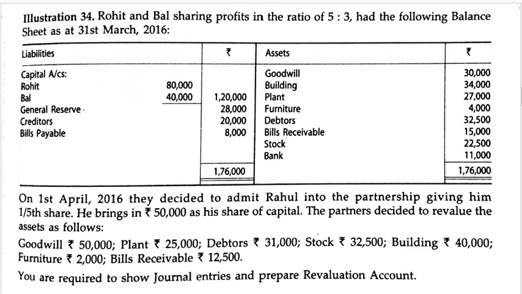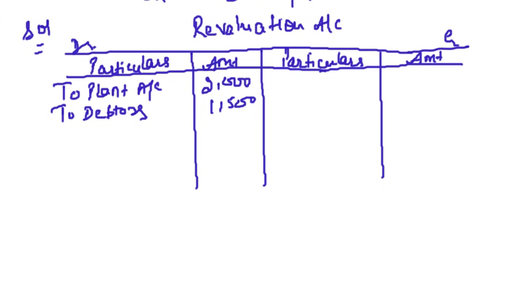Next, stock 32,500. What is the stock originally? 22,500. There is an increase to the extent of 10,000. The stock value is increasing by 10,000. So the journal entry will be stock to revaluation account.